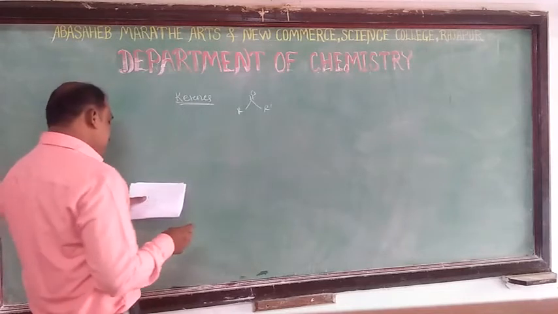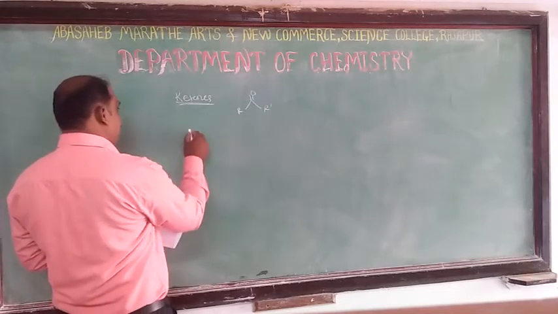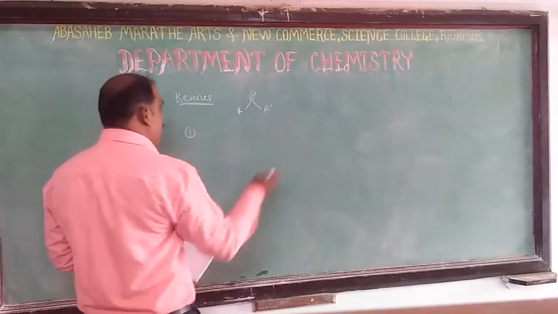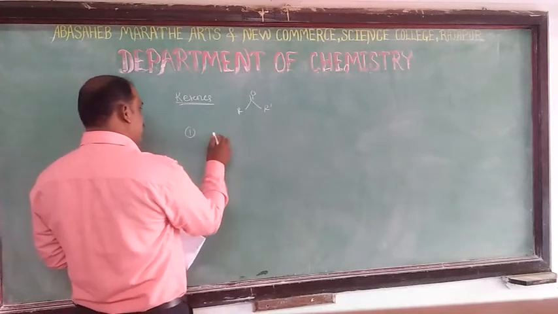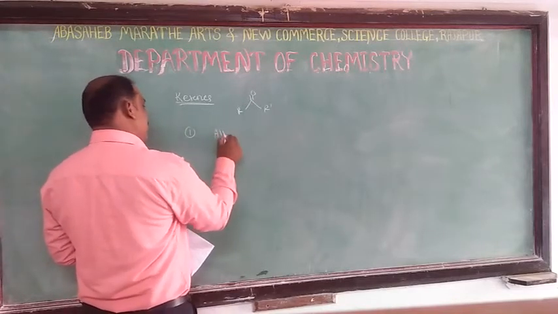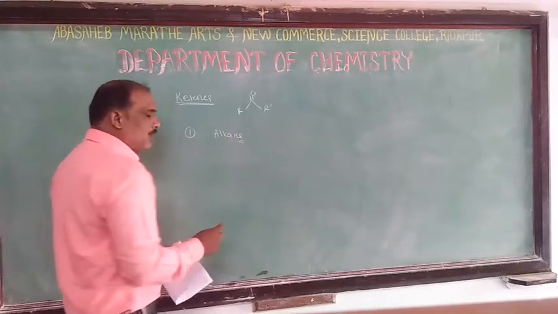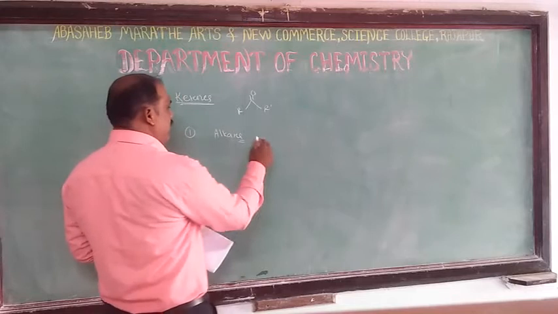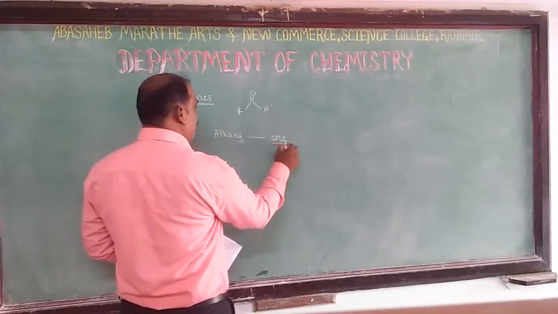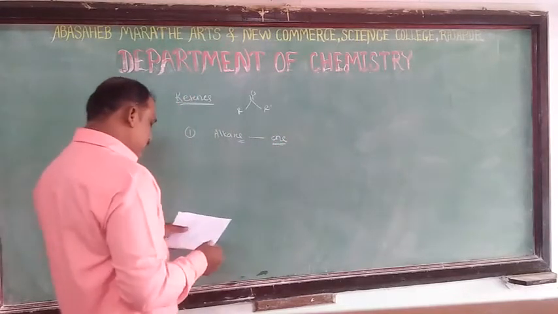For example, in the chain of this ketone, the E of the alkane is replaced by O-N-E, right?